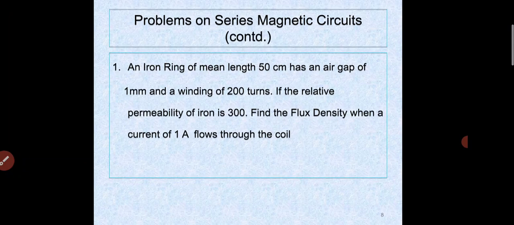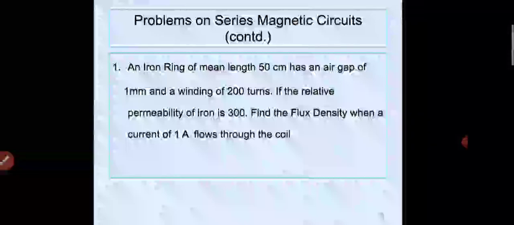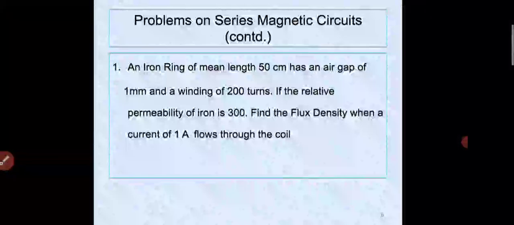Once again, repeat. An iron ring of mean length 50 centimeters has an air gap of 1 mm and a winding of 200 turns. If the relative permeability of iron is 300, find the flux density when a current of 1 ampere flows through the coil.